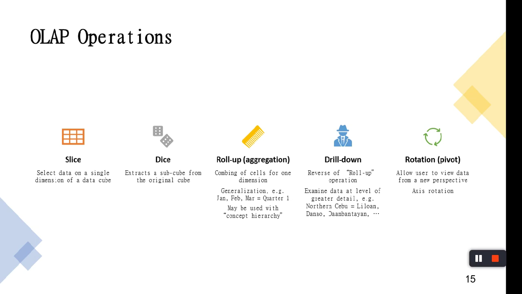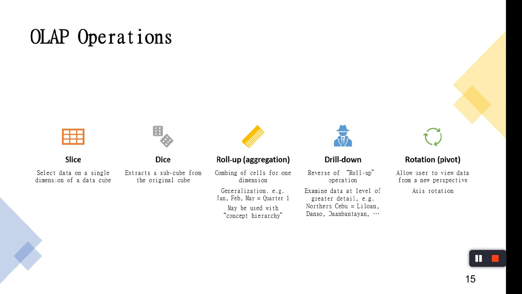And then we have the drill down operation. This is the opposite of roll up in the sense that, instead of looking at the total or aggregate value, we look at the data at a level of greater detail.